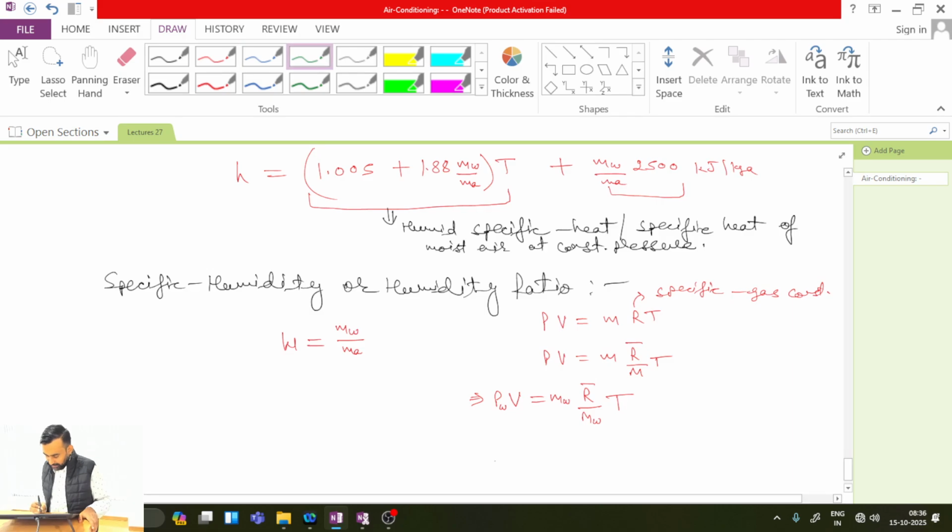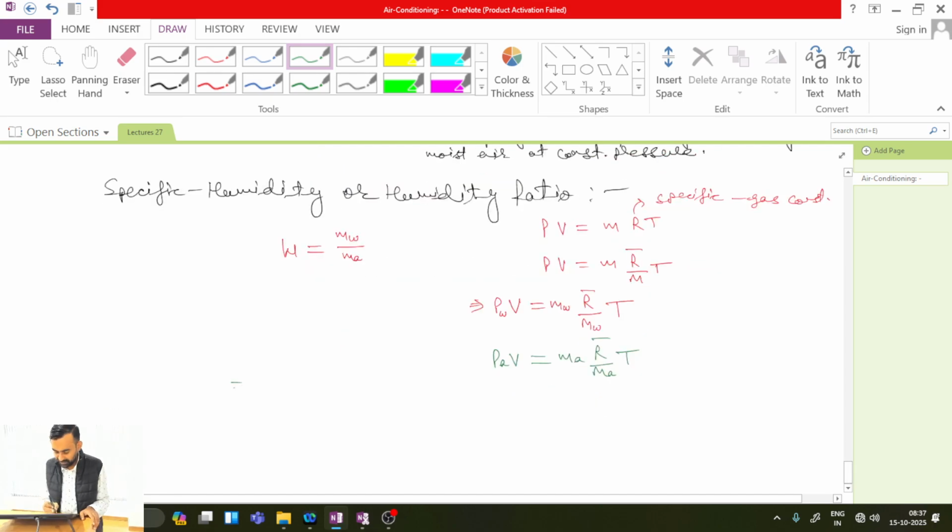Similarly, for dry air I can write PA V equals ma R bar by Ma into T. Make this substitution, replace mw and ma. What will I get?